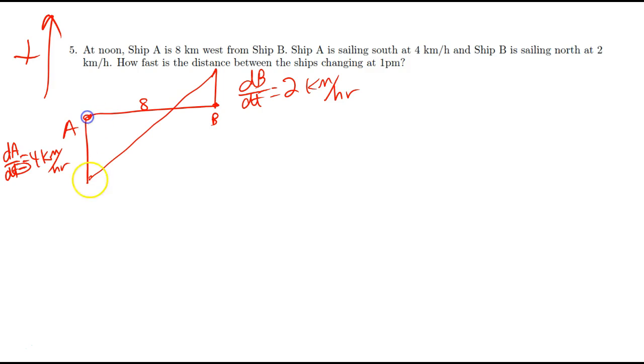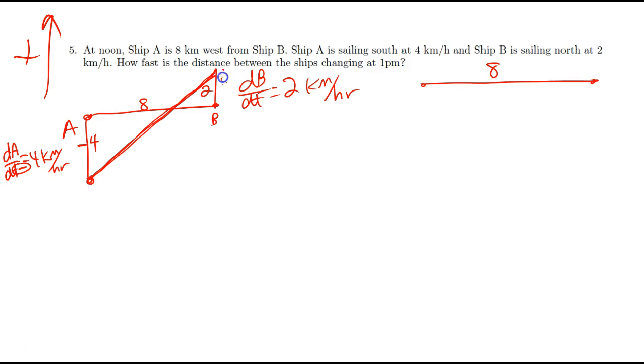Well, at 1 p.m., ship A will be 4 kilometers south. Ship B will be 2 to the north. Now, I would like to know what D is right now, its value at 1 o'clock. Here's the 8.